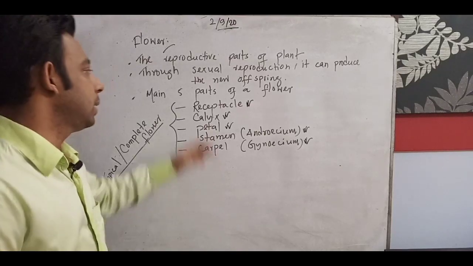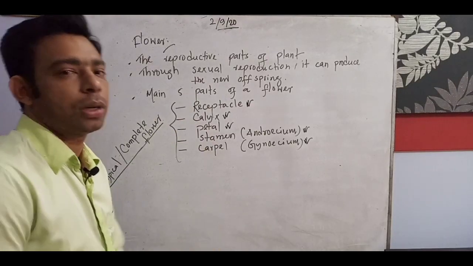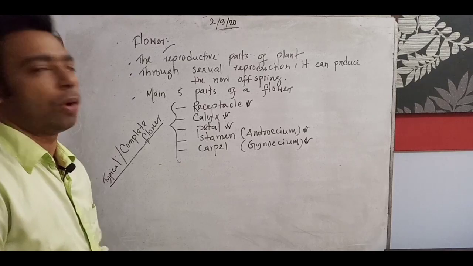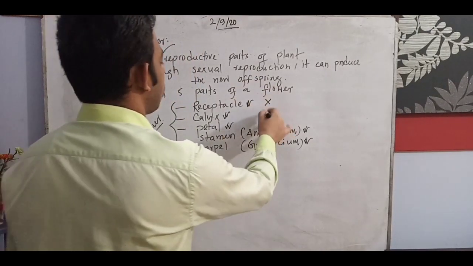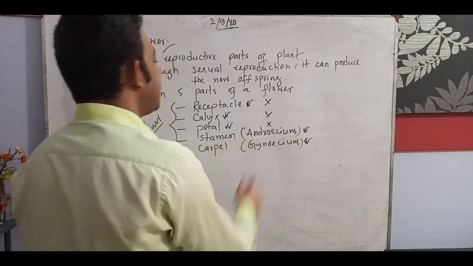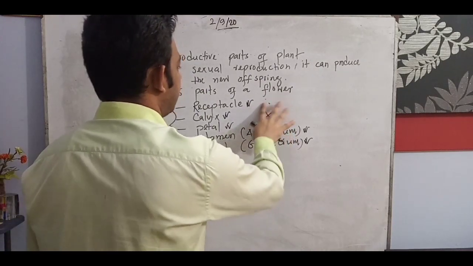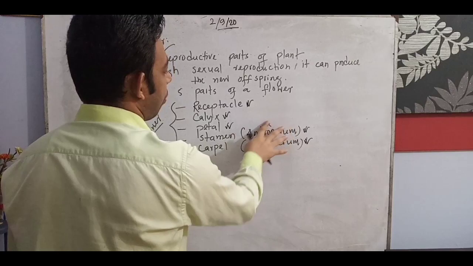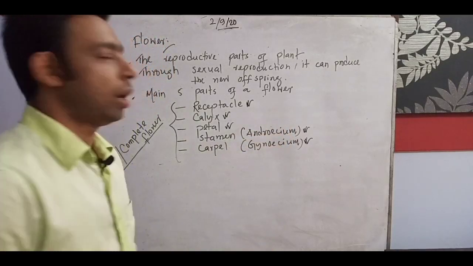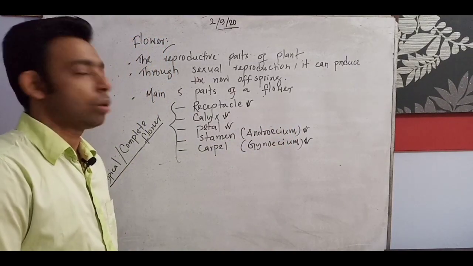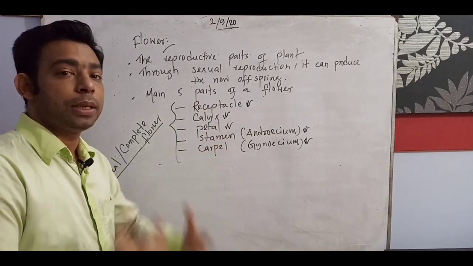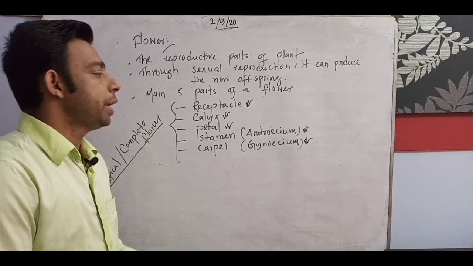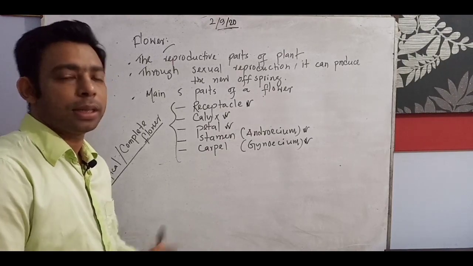So these are the main important parts of the complete flower. Suppose this one is not there, this one is not there, any of them is absent in a flower, that is not a complete flower. So a complete or typical flower has these 5 important parts. If any of them is absent, that is called an incomplete flower.